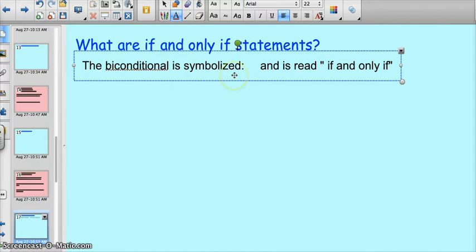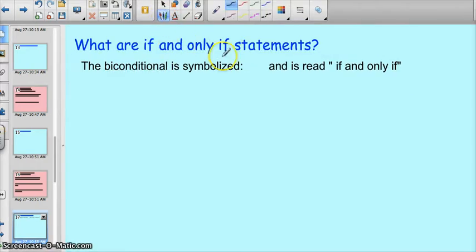Now the symbol for this is very similar to the conditional. If you remember, the conditional was a one-sided arrow. Well, the biconditional is a double-sided arrow. Real simple. It looks like an arrow with points at both sides. Either way, that's the biconditional.